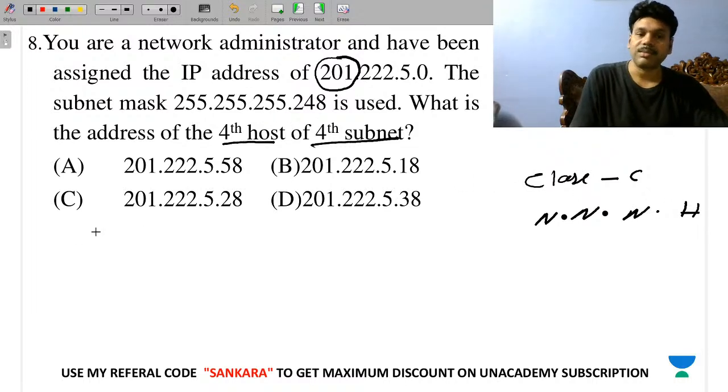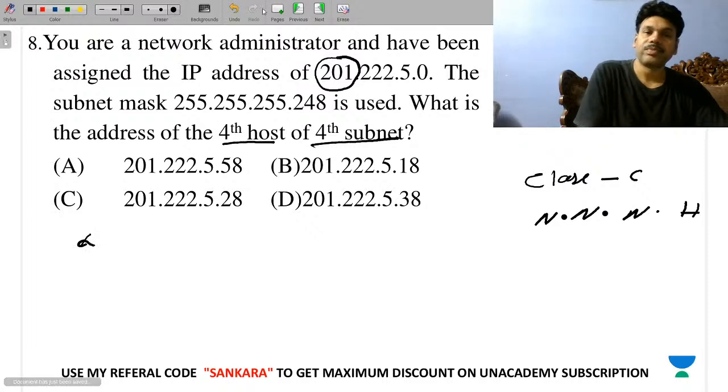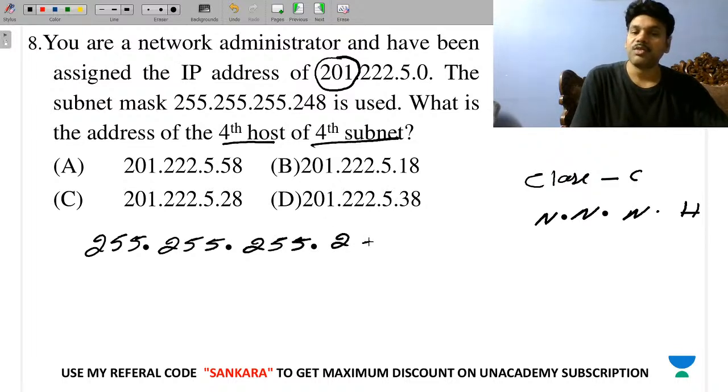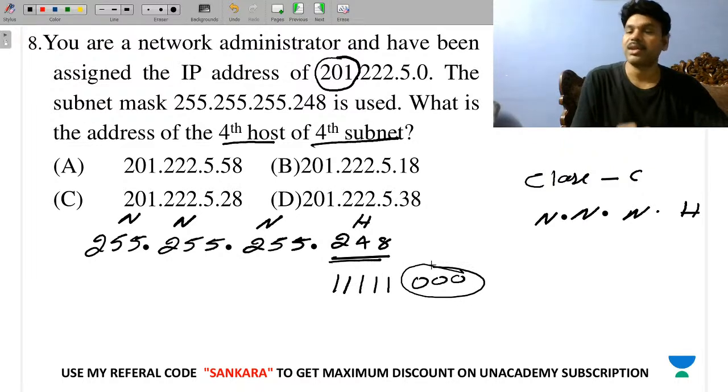Take your mask as 255.255.255.248. We know that this is the N, this is the N, this is the N, this is the H. So 248 means 5 ones and 3 zeros, my dear friends.